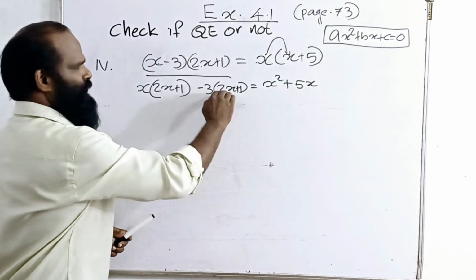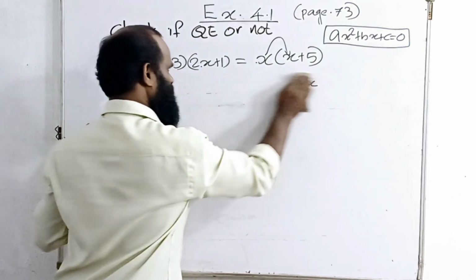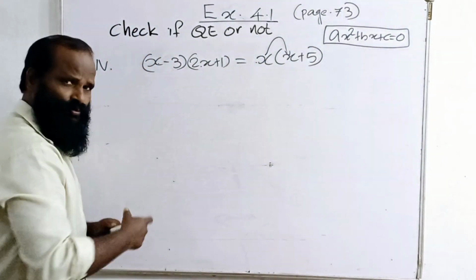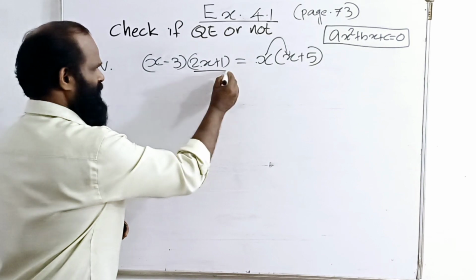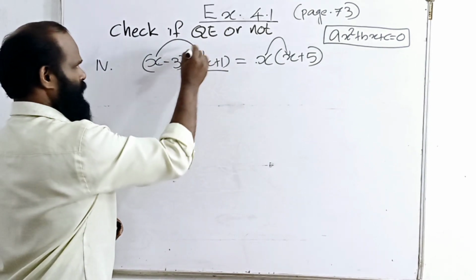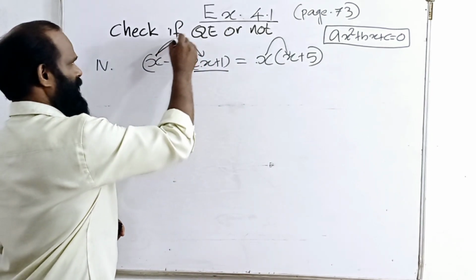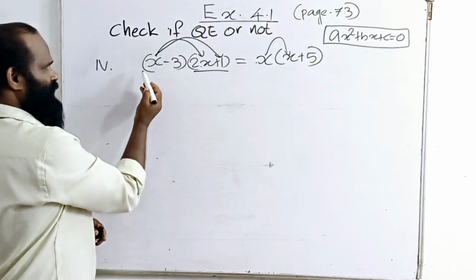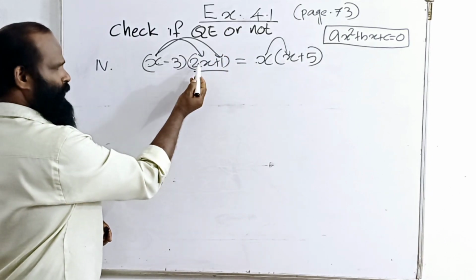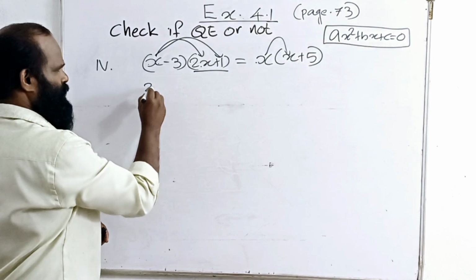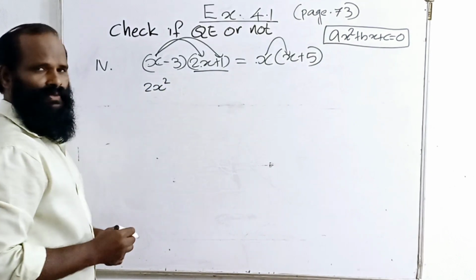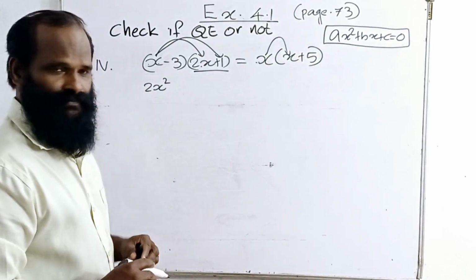If you don't feel like doing this way, we can write in another way as well. Multiply straight away. Multiply both the terms with x. x into 2x, and x into 1. Positive into positive, positive. x into 2x, 2x square. Then one step can be avoided if you do this way.